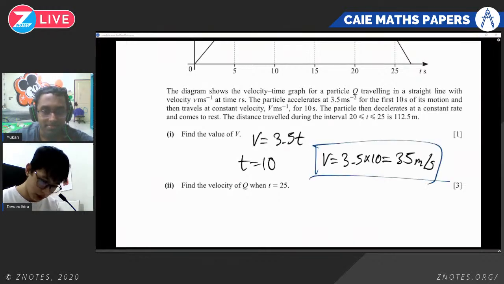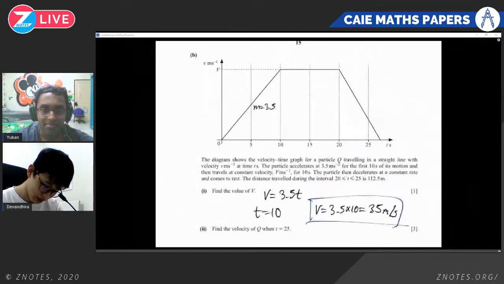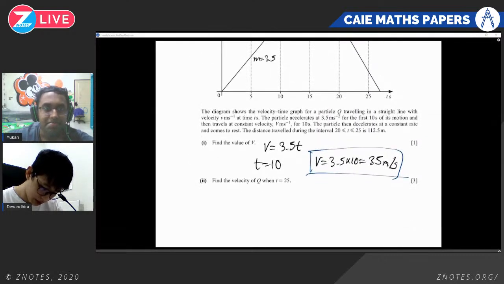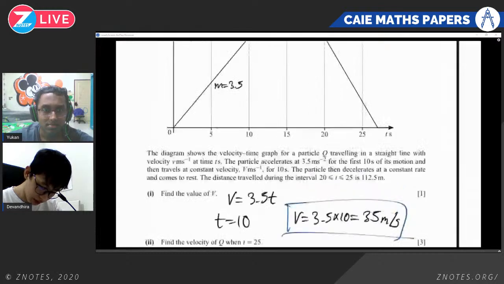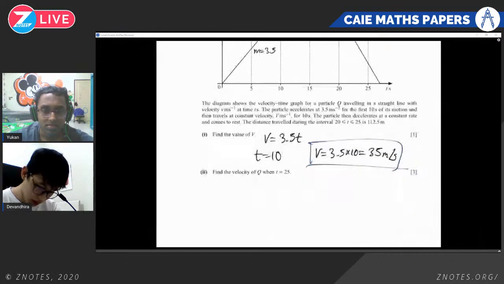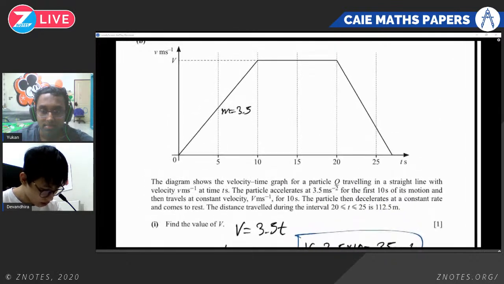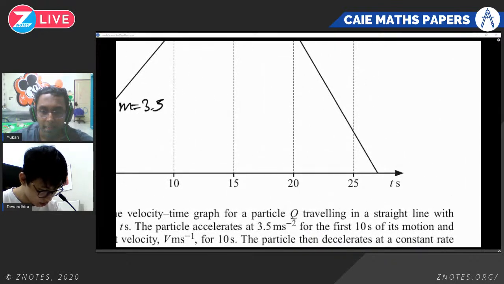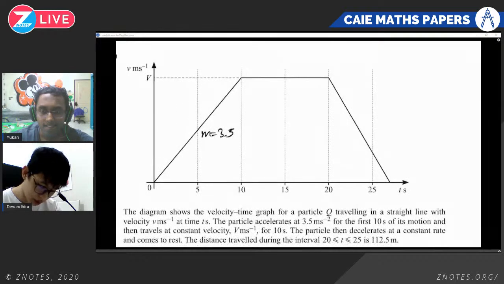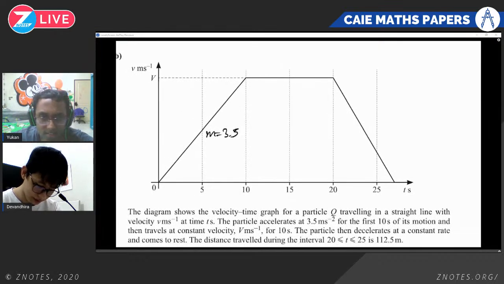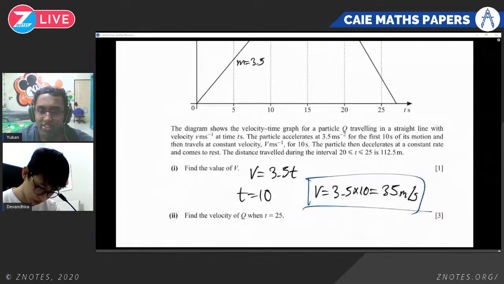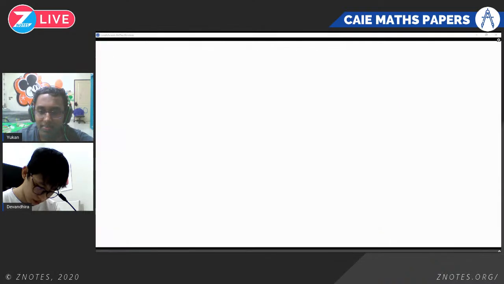Agree? Okay, find the velocity of Q when t is 25. This is a bit harder. How can we do this? So we have to find the gradient of this line.